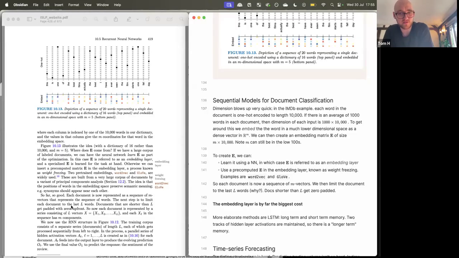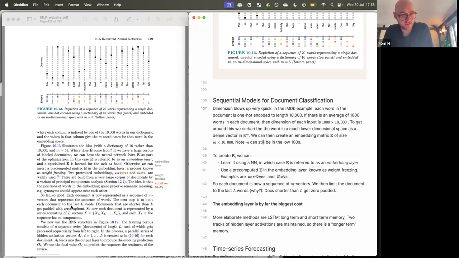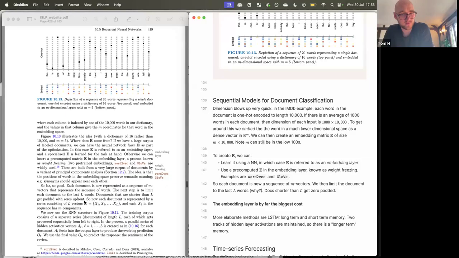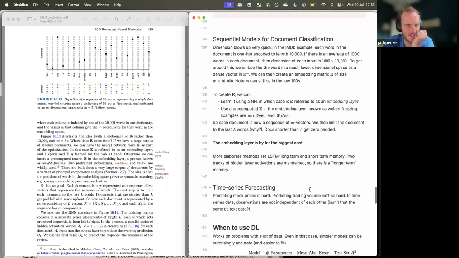You could take the first L words, or randomly sample L words, but randomly sampling would be a terrible idea if you're doing a sequential model. So you've got to take the first or the last, and they've chosen to take the last L words and zero pad things that are shorter than L. That's a choice they've made. That's not how all RNNs would work. It's not a necessary truth, but it's something they've done.